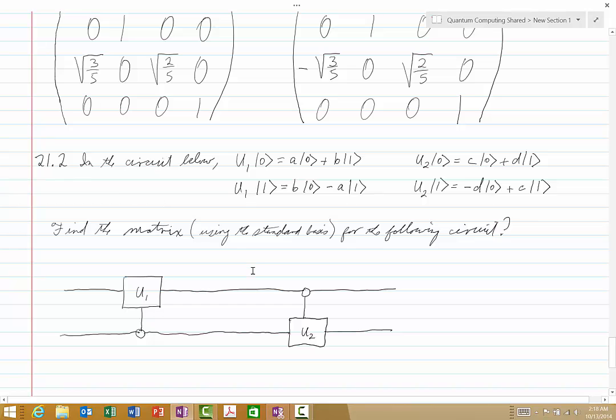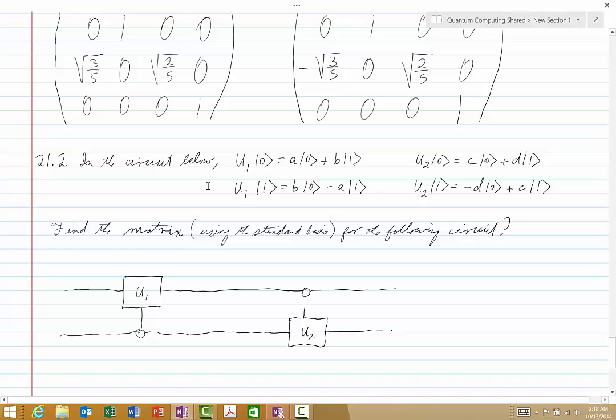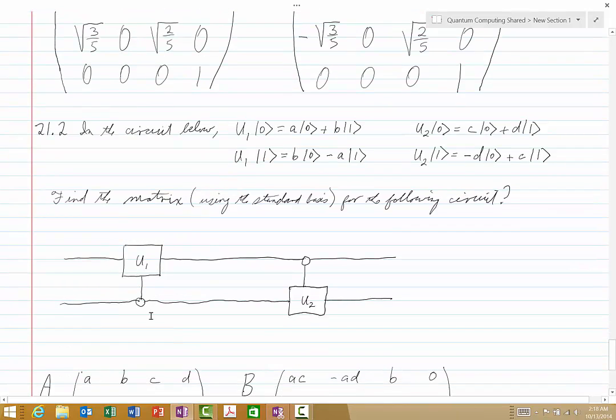For 21.2, I'm asking this problem. Okay, we have this circuit shown here where we have 2 controlled gates.